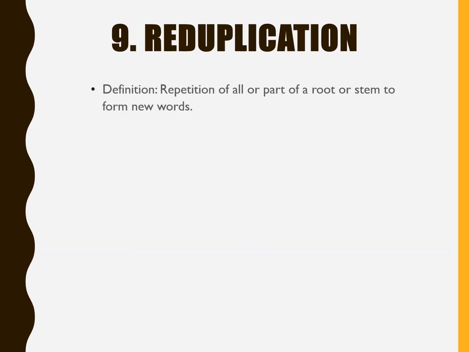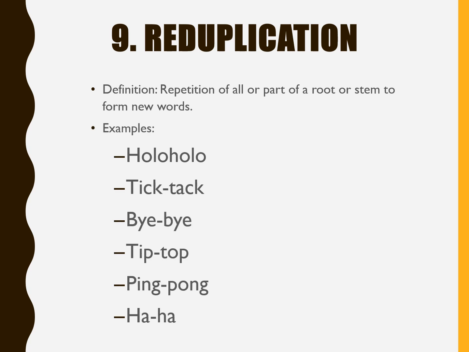which is connected with reduplication. Reduplication consists in the repetition of all or part of a root or stem to form a new word. If the entire root or stem is repeated, the process is called complete or total reduplication, and the new word is considered as a repetitive compound.